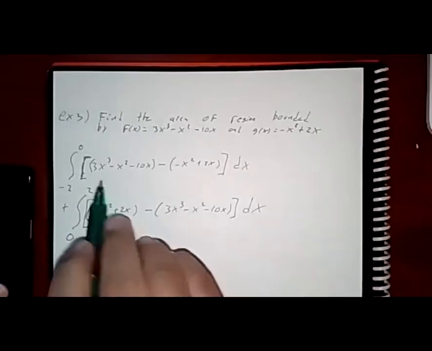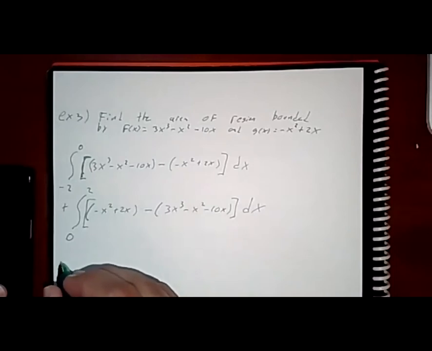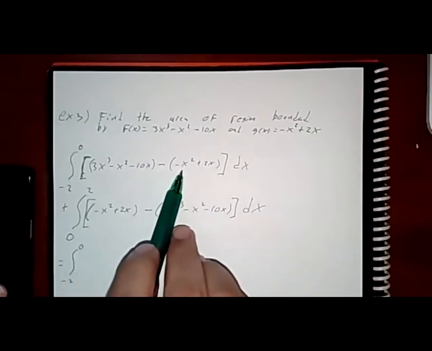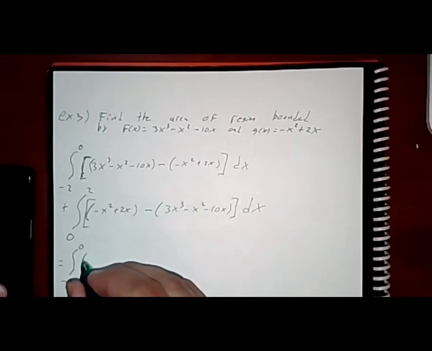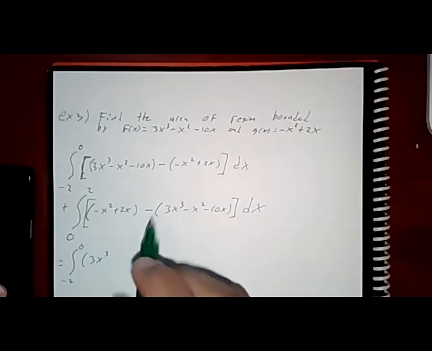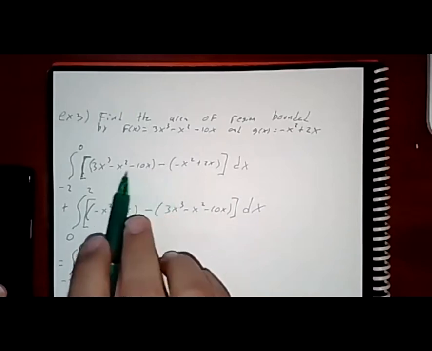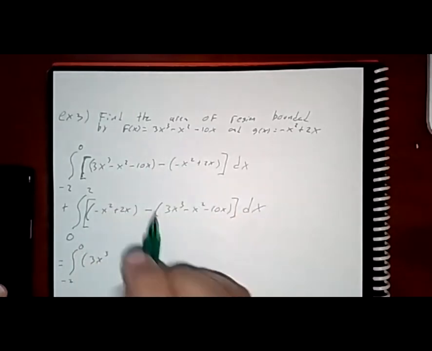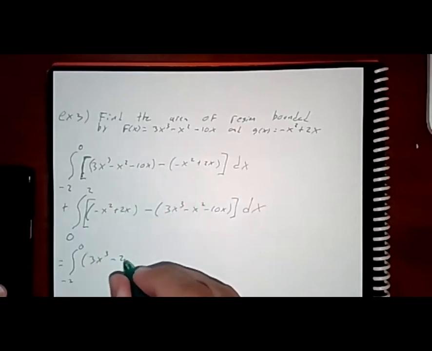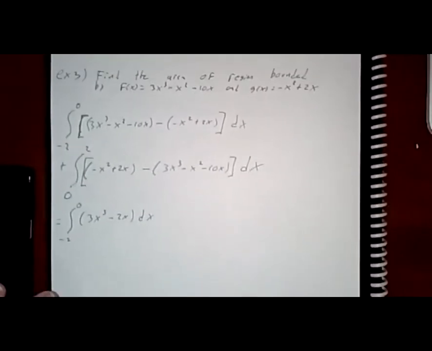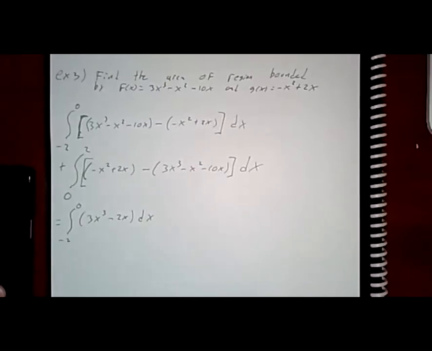Okay, so let's simplify these two and see if we can group them a little bit. There's a minus minus, so that's plus 2x. So 3x cubed stays the same. Negative x squared plus an x squared, that'll cancel. Negative 10x minus 2x, so I'm going to have this left over for the first integral. The rest cancel, or combine, I should say.